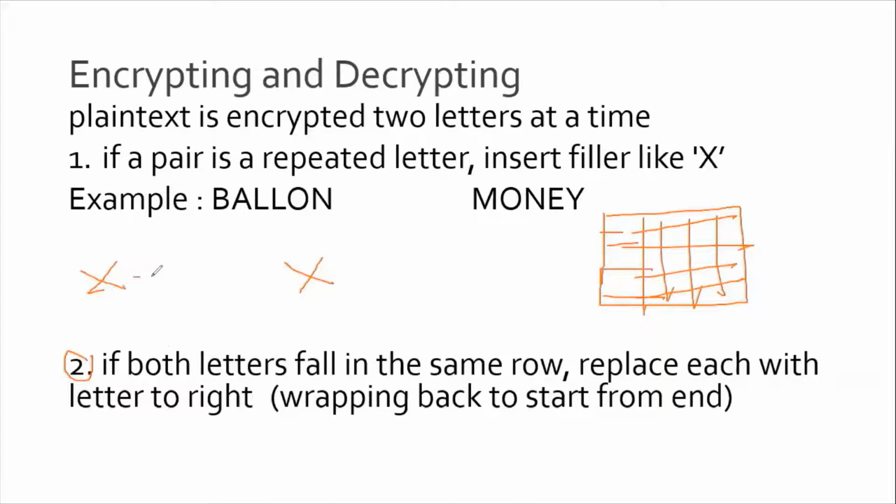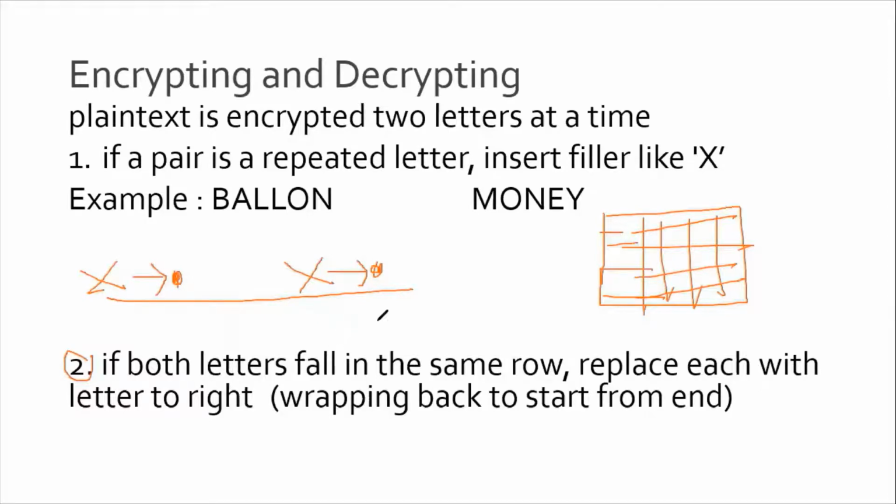That means whenever there are two characters, because we have created the pair, if both characters are in the same row, we will write the value at the right. For example, in this case, we have this character, so we will take this character. For a row, we will check the letter to the right.